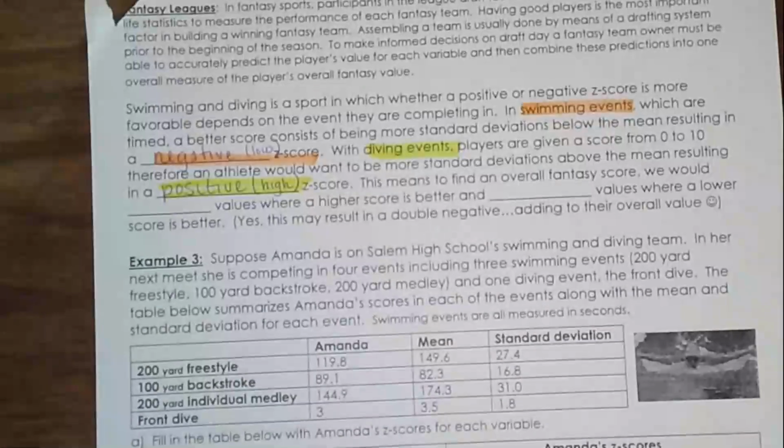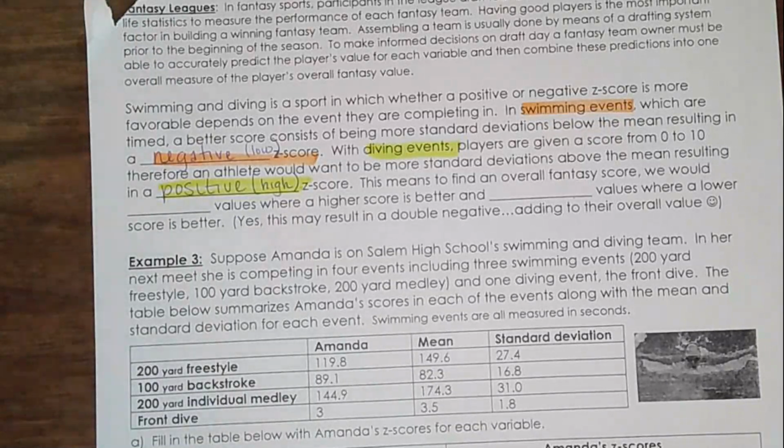Okay, this means to find the overall, so for fantasy scores, you guys, they combine multiple variables and put them all together, okay? So it's just like if you play any sport, it's not just one thing you're trying to do well. Hopefully you're trying to do a few things well. Maybe in soccer, if you're the forward, you're trying to score goals, if you're trying to get assists. Do you see what I'm saying? There's multiple variables.